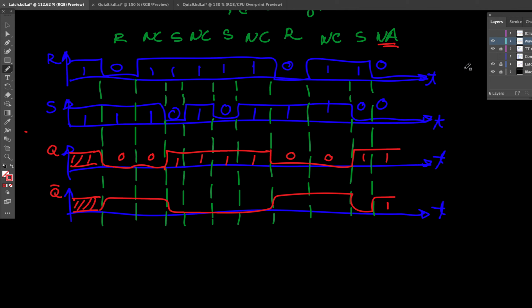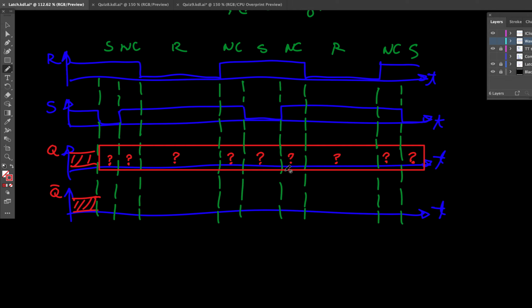Let's go ahead and take a look at how you can do this as an assignment. Pay attention to the numbers that I've written here because you have to enter that into the iClicker assignment. Here's your assignment. Given this set of inputs that are different, I have generously given you the values of set, no change, reset up here.